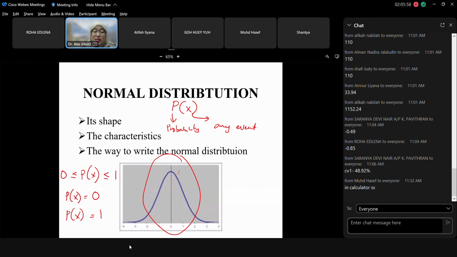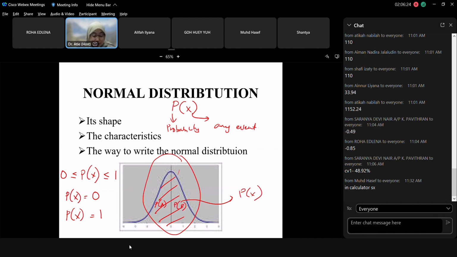So that's why it says that the area under the curve actually represents probability. Okay, so if the total of the probability is equal to 1, what is the probability of area A and probability of area B?